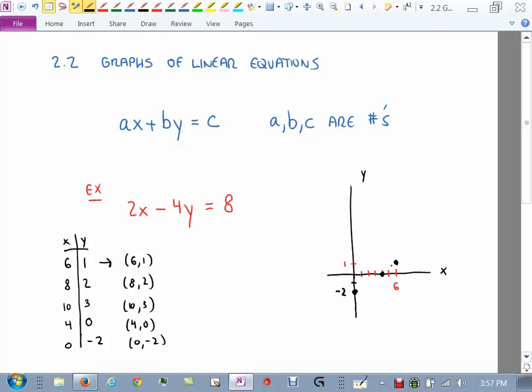And what we determine is that they all lie on a straight line. So that's where the linear idea comes from. We connect them together, and we get a graph. So the line is a line, right? Geometrically, it's a line. But in terms of this equation, the line is a visual representation of all of the solutions, right?